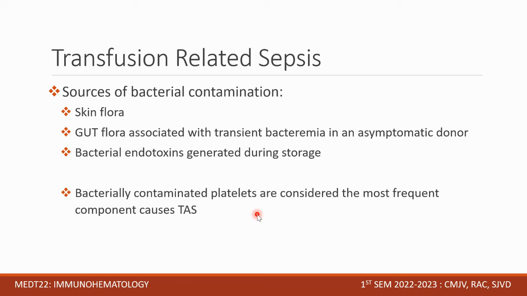So, freely growing lang sila sa temperature na yun. Unlike for other blood components na nasa ref or kaya nasa freezer, so hindi nagta-thrive ang bacteria doon. Kaya ang most common blood component na bacterially contaminated is yung platelet. Kasi again, room temperature lang natin sila ini-store.